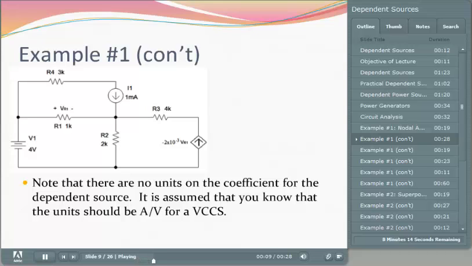It is assumed that you recognize that the units on the voltage-controlled current source must be in amps, and therefore minus 2 times 10 to the minus 3 must have the units amps per volt, so that when you multiply the voltage VR1, the resulting magnitude has a unit of amp.